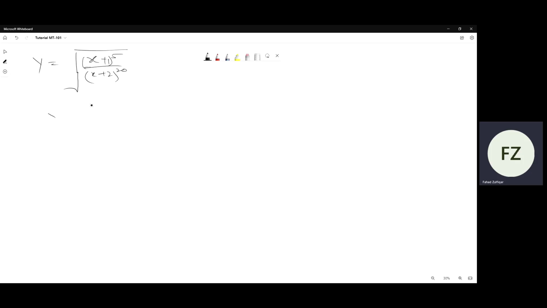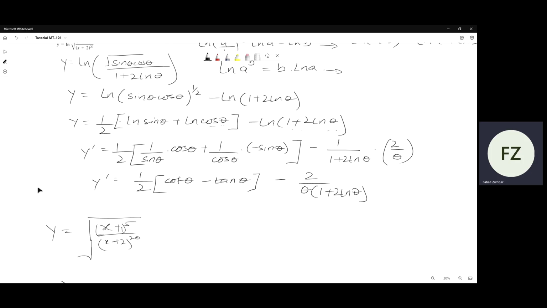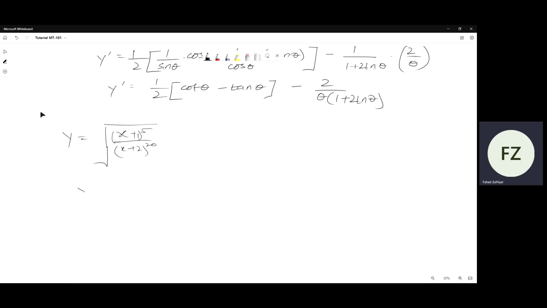For y, there is an ln too, I guess. Yes, there is an ln, so we'll just put an ln before that. We'll use the same properties, ln of a1 power b1 over a2 power b2.